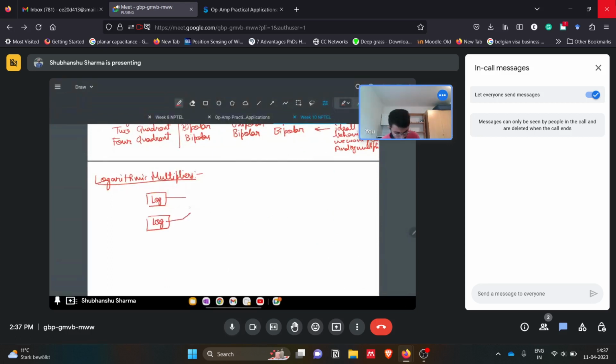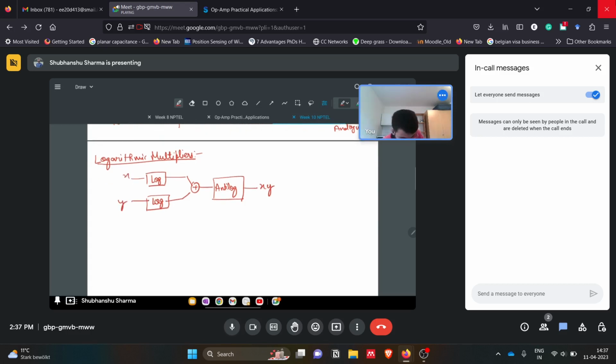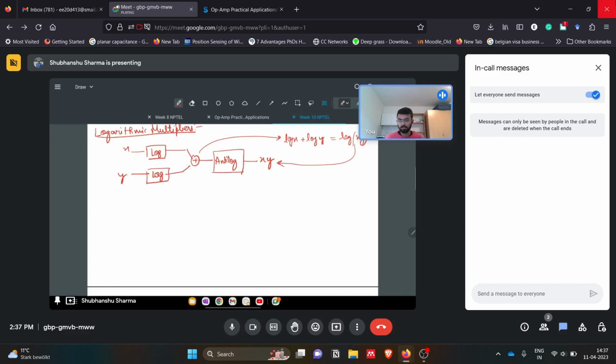Then we add them, and we take an anti-log. Here it is the x signal, and this is y. So a log operation is happening, that is log of x. If we add log of y at this point, what we get is log xy. If we take the anti-log, we'll get the product. So this is the logarithmic multiplier.